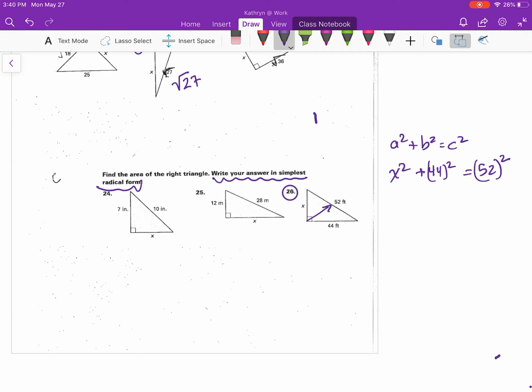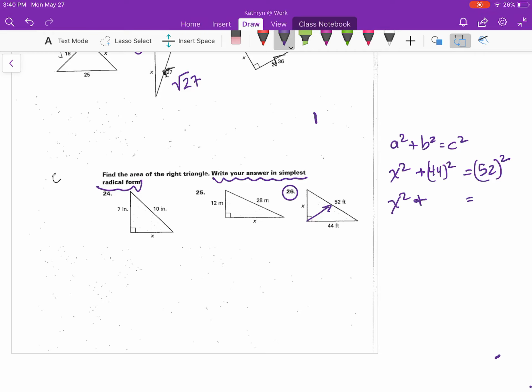It's the side across from the right angle. And then I want to do a little squaring here, so I will use my calculator for this part. I'm going to square 44, and I'm going to square 52. And you may want to try that on your own, in your very own calculator, and just make sure that I'm doing this correctly.